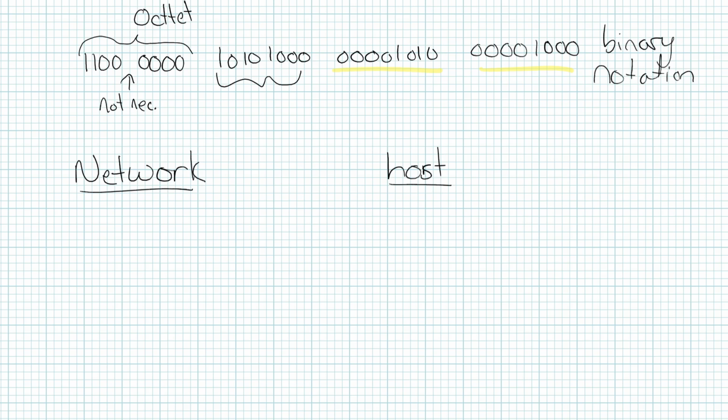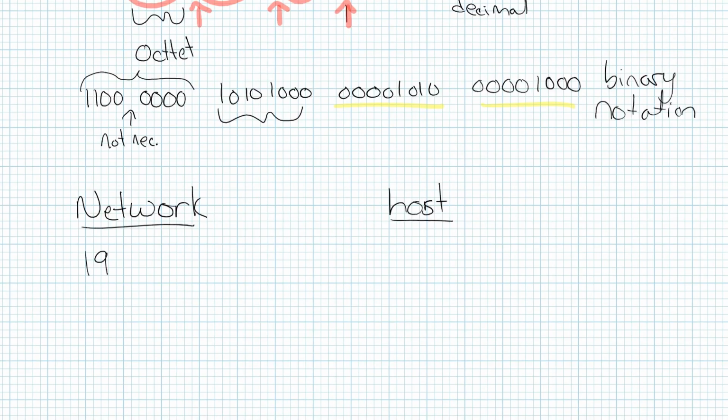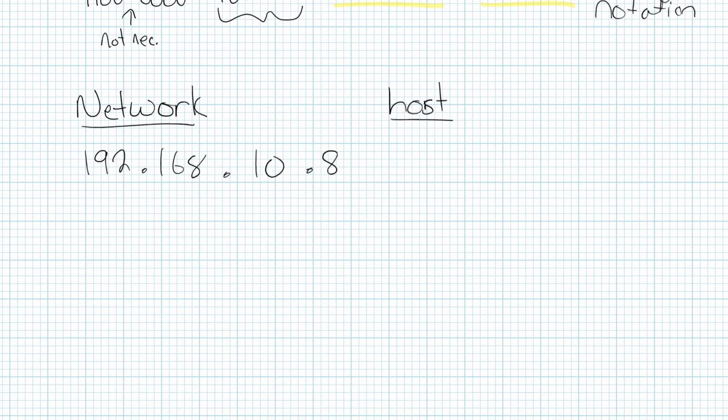So when we're looking at an IPv4 address, such as the 192.168.10.8 address, part of that would be a network and part of that would be a host. Now, a common one that we deal with is called a /24 network. A /24 network means that the first 24 bits are network bits.